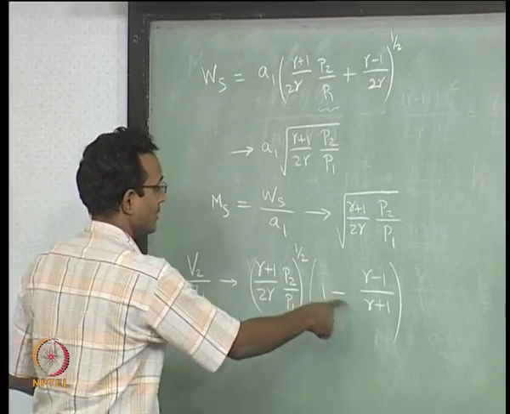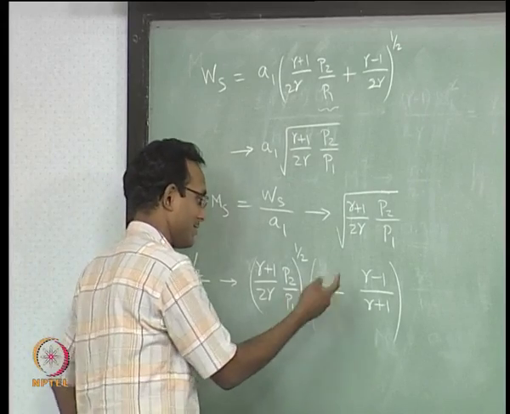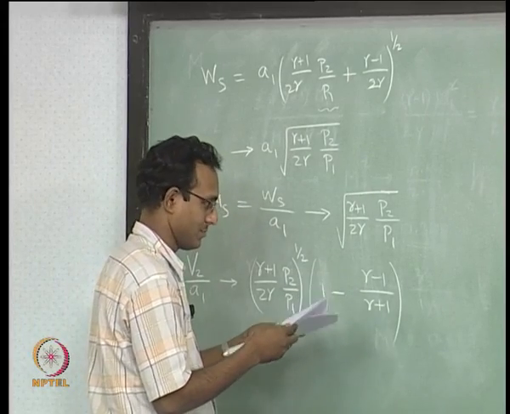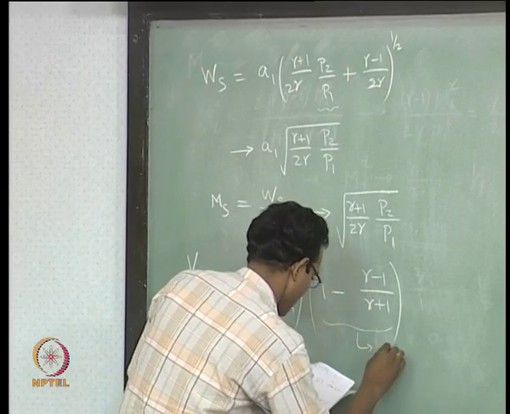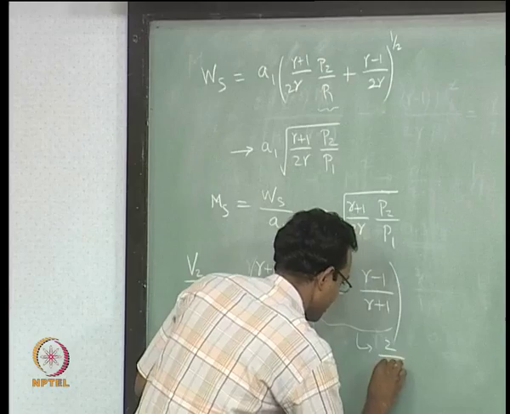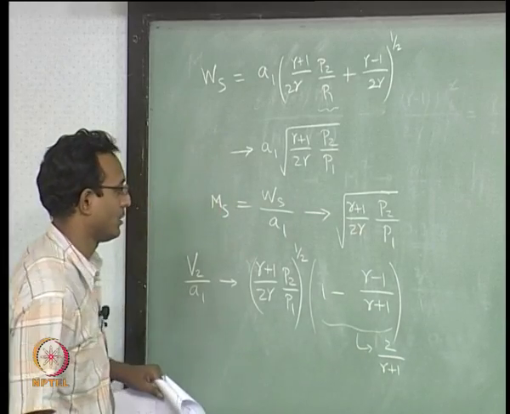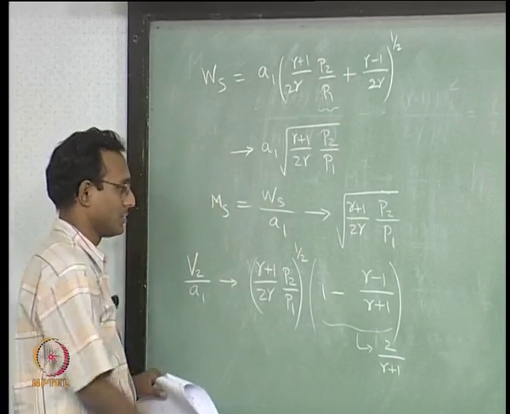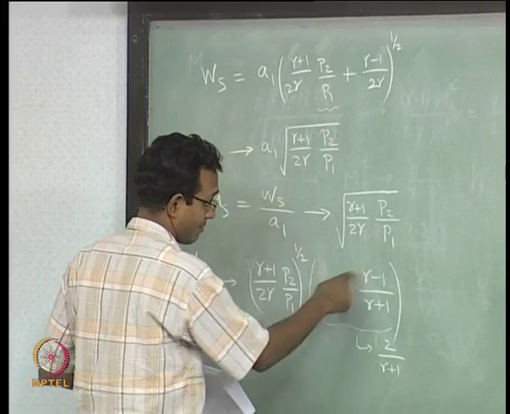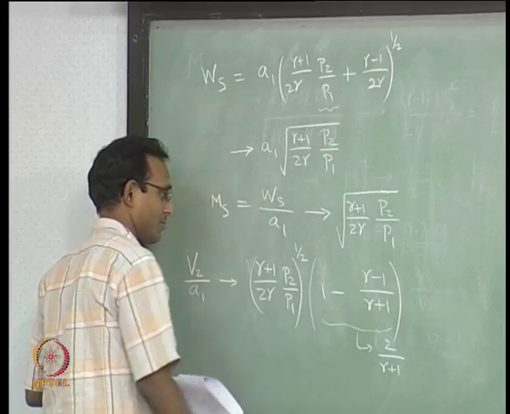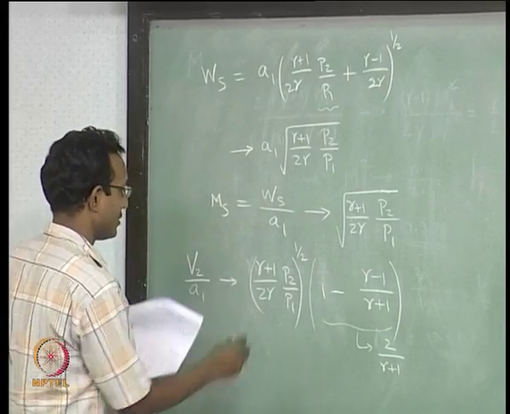Now, I just have to simplify this. This whole bracket is going to become 2 by gamma plus 1, because this gamma will get cancelled with the minus gamma there, leaving gamma plus 1. So, it will become 2 by gamma plus 1. So, I will get to this particular form.